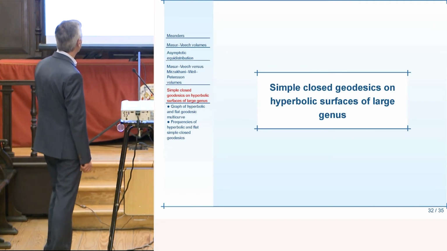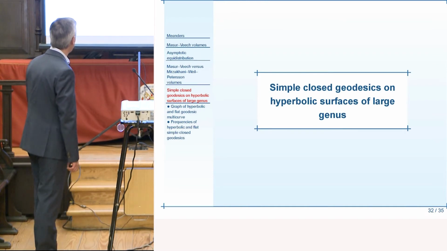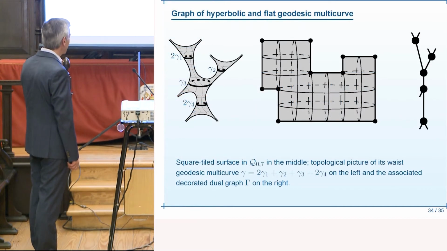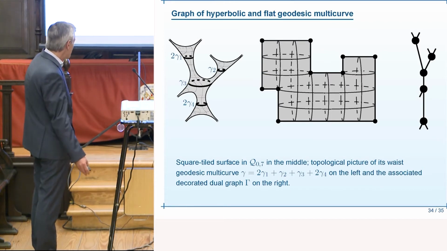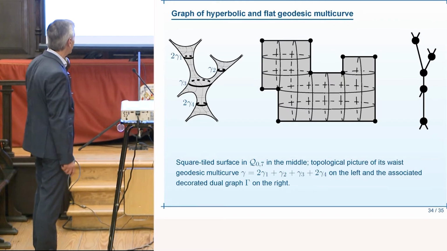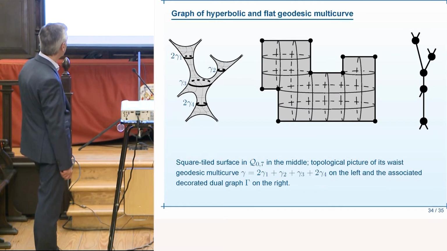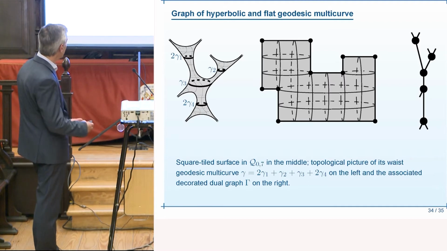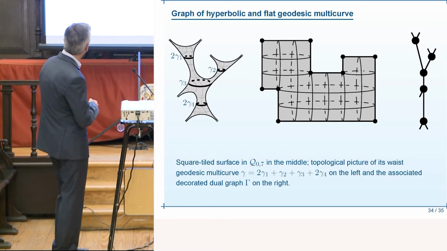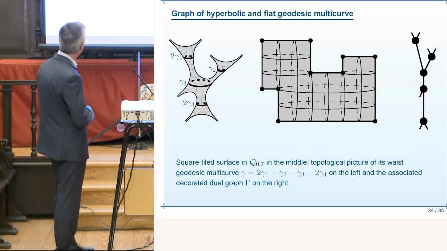And here the last thing is the following one. I would like to cite a result of Mirzakhani, which I absolutely love, and which has a counterpart in these counting problems. So here is our main actor, a square-tiled surface. Here it's a square-tiled sphere. And on the left picture you have a hyperbolic representation of this thing.